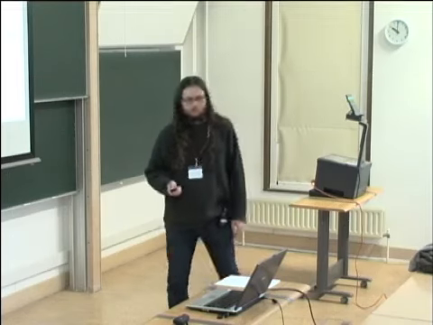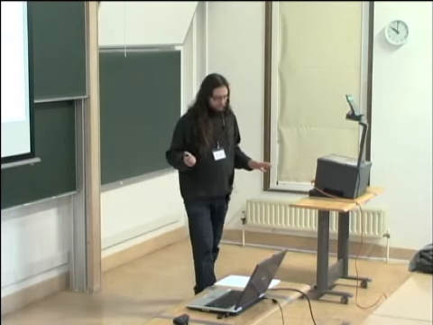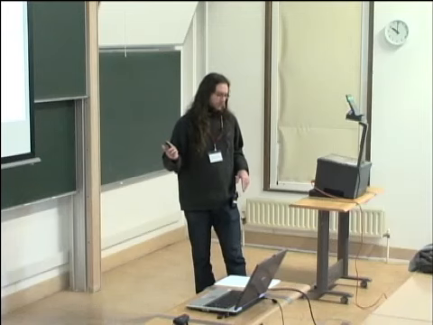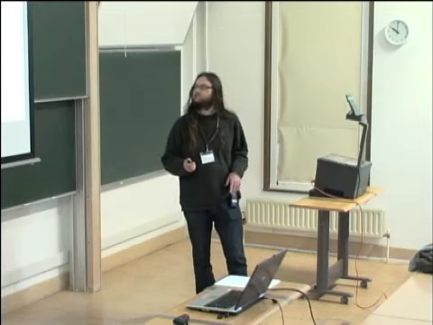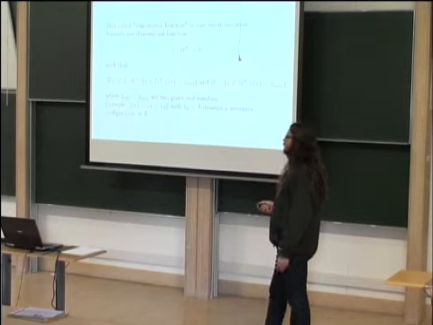Now I will present mainly an application in this context of the ideas Arnaud Guyader explained here yesterday. I need a kind of fitting function, or what is called an importance function in the rare event literature.